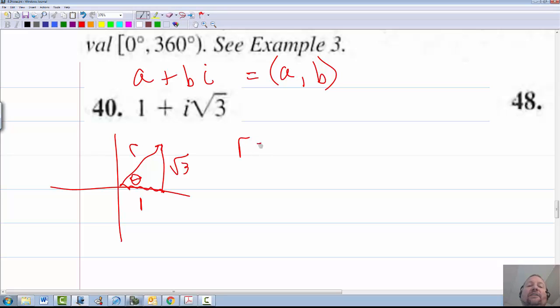Everybody, what's r? 2. It's 2. r is 2. And then what's this angle measure opposite root 3? And if you don't know that, that's why I want to scream and run down the hallway, because how many times have you seen these triangles drawn?